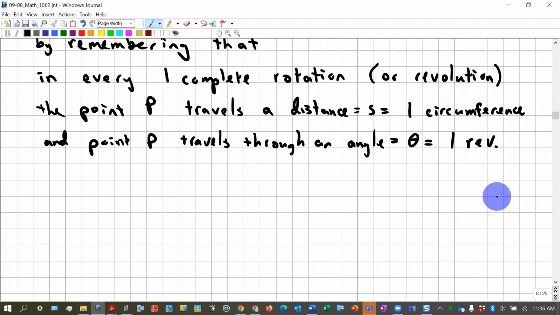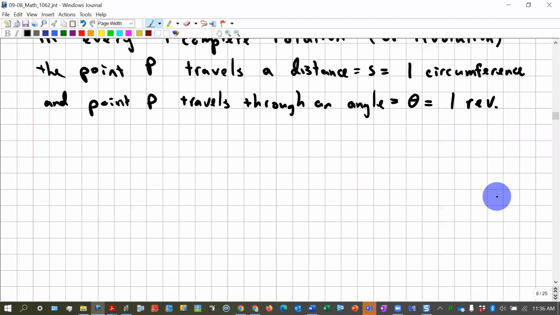In other words, 1 revolution in terms of distance is 2 pi r units of length.